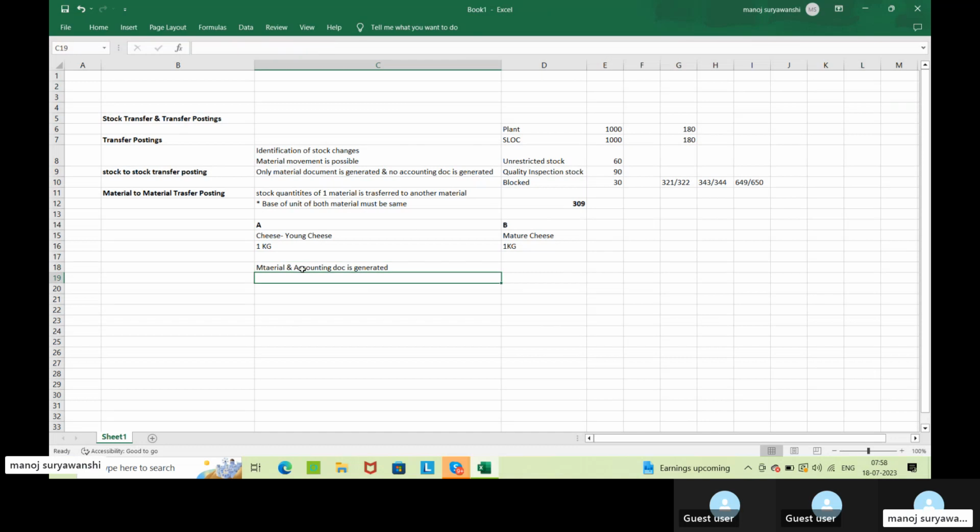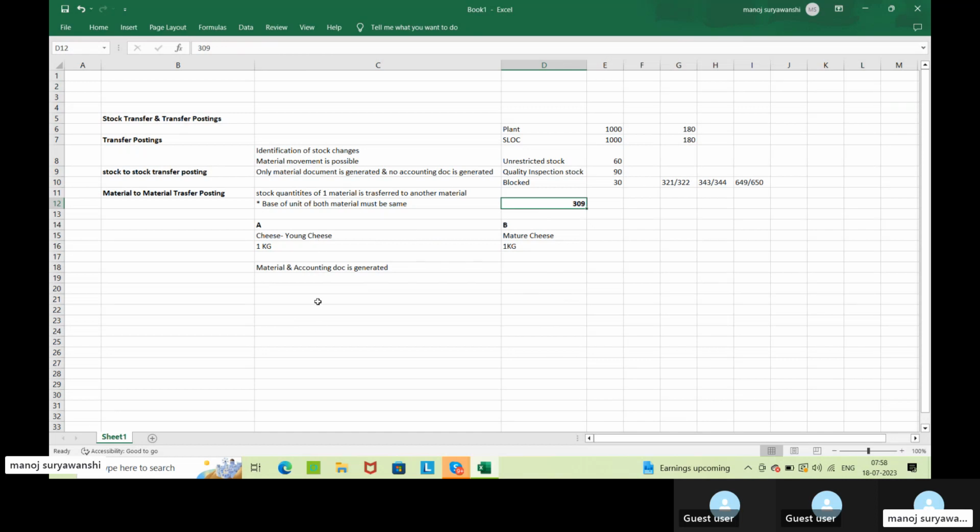Because here we are transferring the quantity of one material to another material. So when you transfer the quantity of one material to another material, you are also transferring the value of that material. That's the reason accounting document is also generated with 309 movement type.